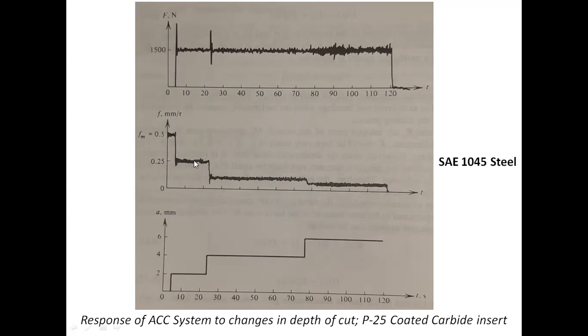That feed rate will be maintained until you have more depth of cut. From 2 mm depth of cut, you are moving on to 4 mm. When there is an increase here, there is a decrease in the feed rate. So the adaptive control strategy ensures that the feed rate is changed as the depth of cut changes, so that we have a constant load on the cutter. That's what these graphs mean. Is it clear or any doubts?